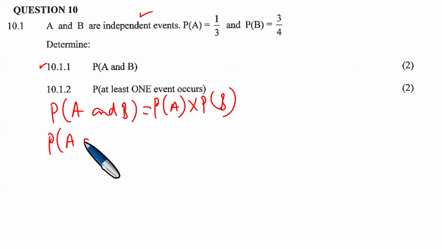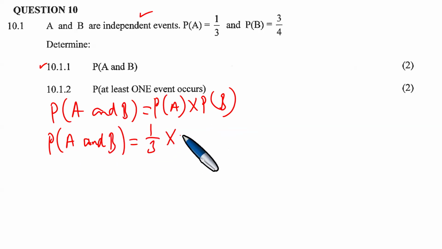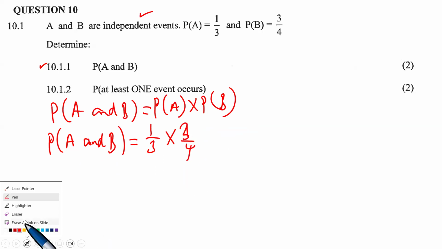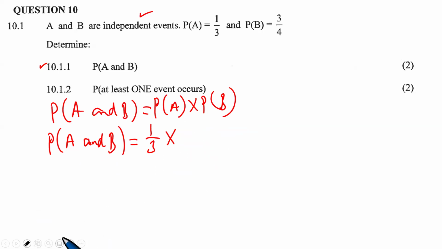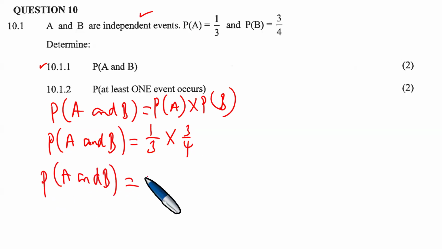So the probability of A and B is equal to the probability of A, which is 1/3, times the probability of B, which is 3/4. The 3 cancels, giving us 1/4.